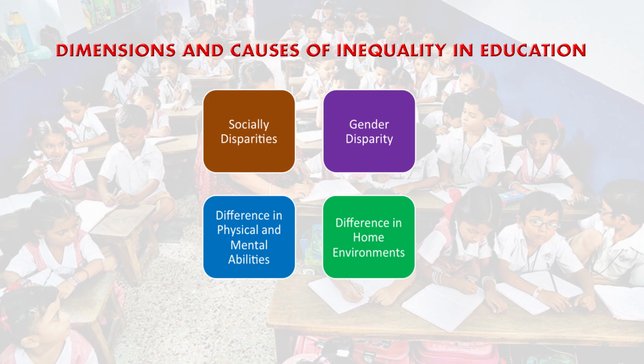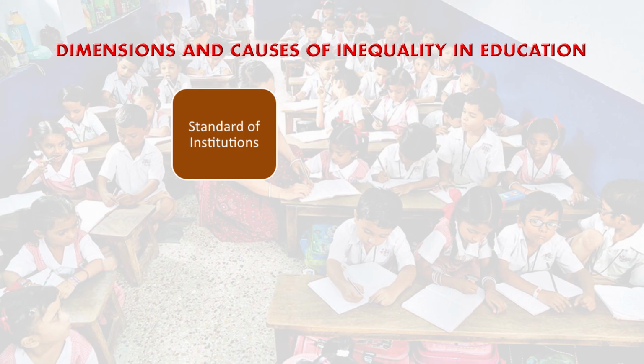The other dimension and cause of inequality in education is the standard of institutions. If our institution is not maintaining a proper standard, if our institution has failed to provide quality infrastructure as well as quality facilities to the learners, then you will find that we are not getting the definite outcome from the system. Okay. So, the standard of institution is also another cause that creates inequality in education.